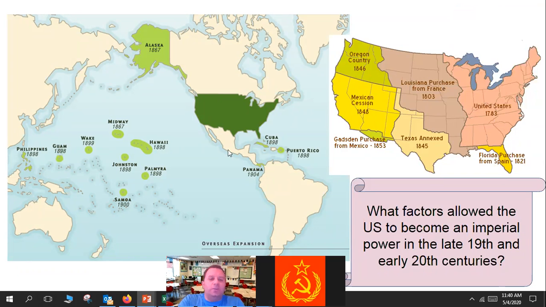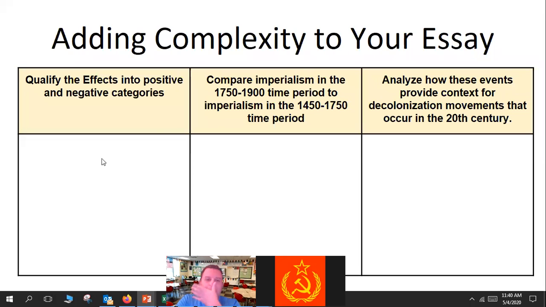And then eventually we move even further west off of the coast of the United States and begin taking territory on those islands in the Pacific. Many of which are still, obviously, Hawaii is one of our states, but Guam remains a U.S. territory. Samoa remains a U.S. territory. The Philippines obviously becomes independent, but you do see the United States looking to continue to expand its influence.